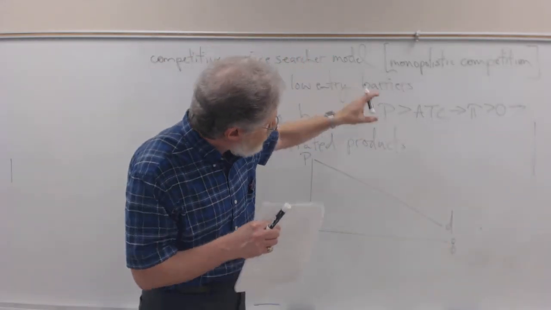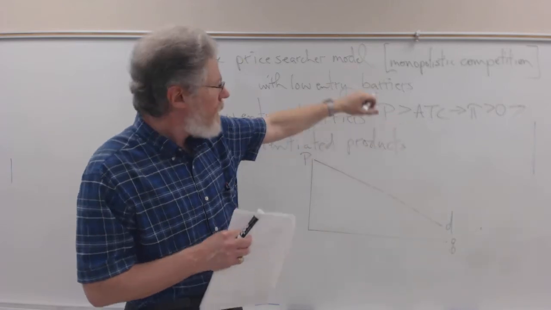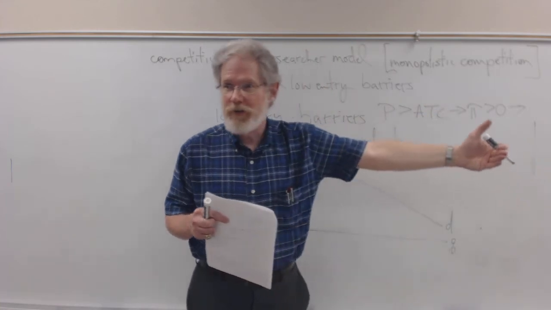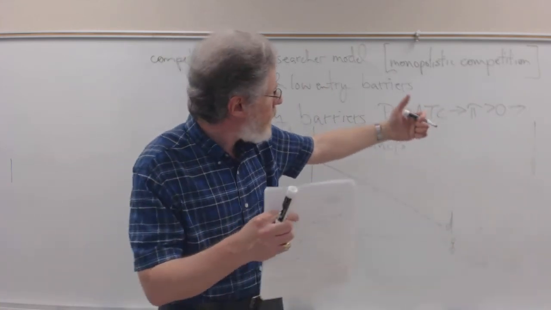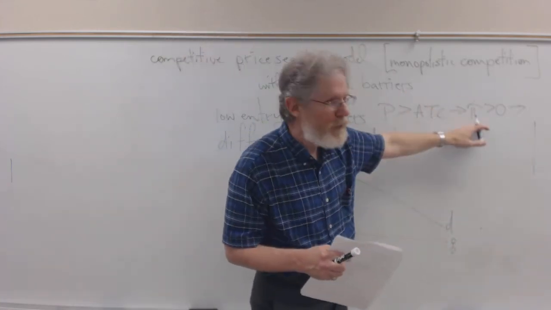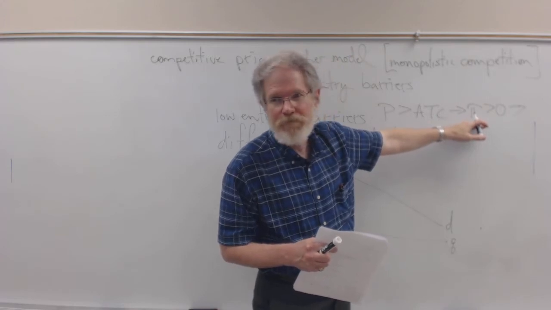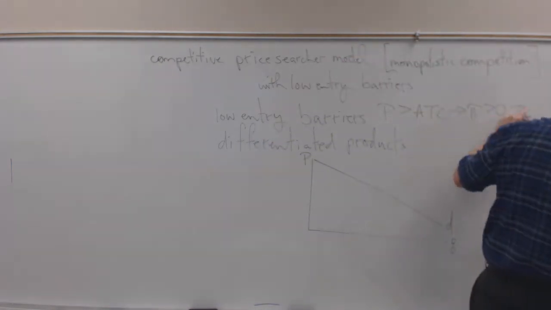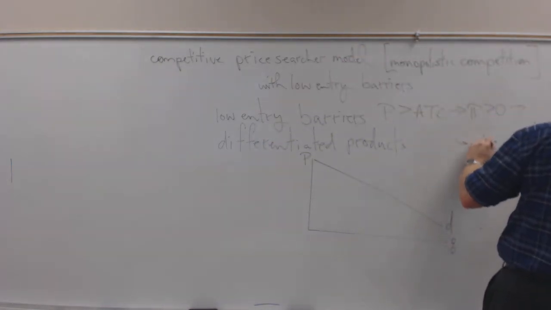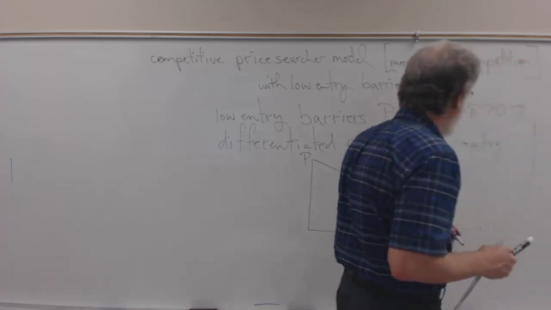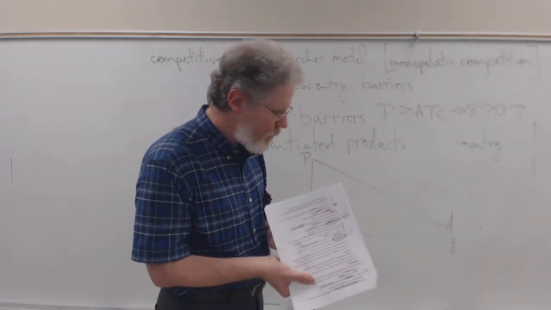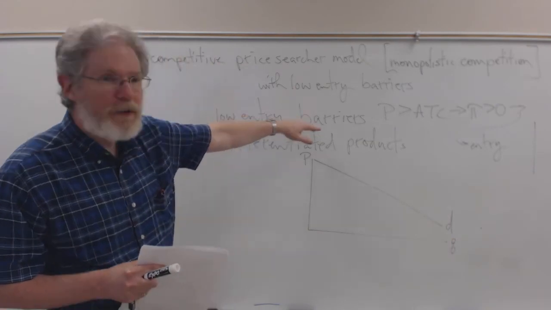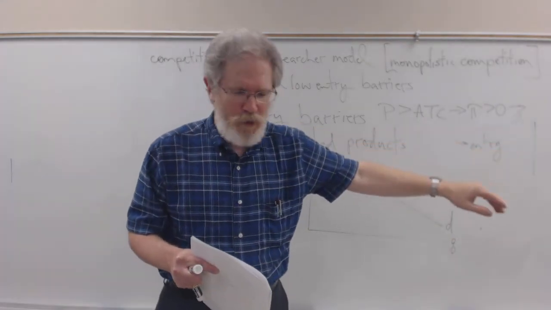So if the firms not in this market see that firms in this market are more than covering their cost, they're doing better than they can do anywhere else, what does that lead to? Entry. And that's going to have an impact on the price that can be charged. Okay? So the effect of the low entry barriers can be very similar to what we had with price taker markets.